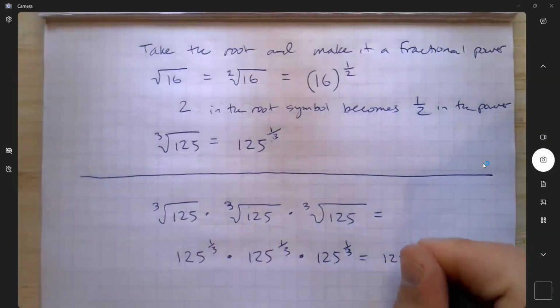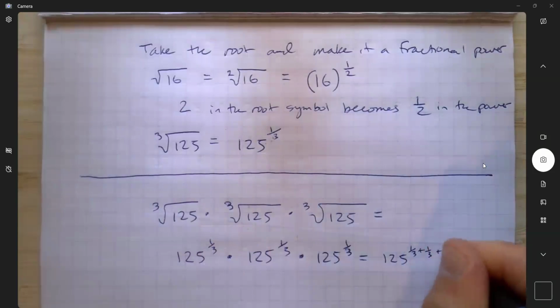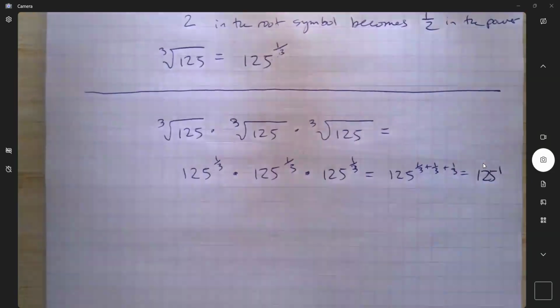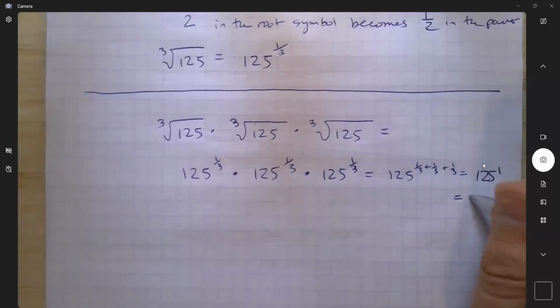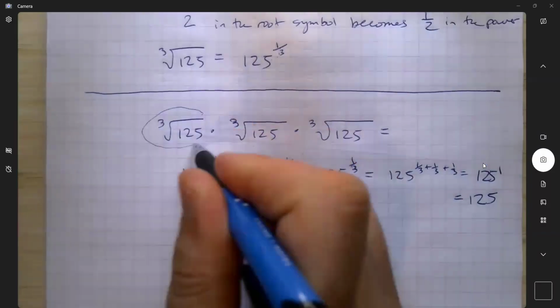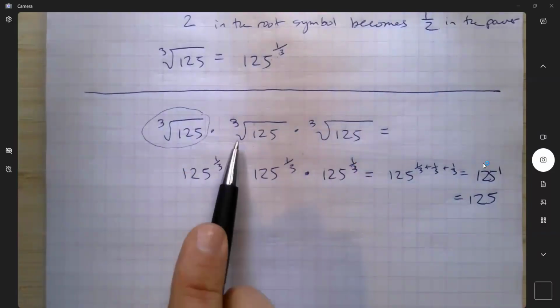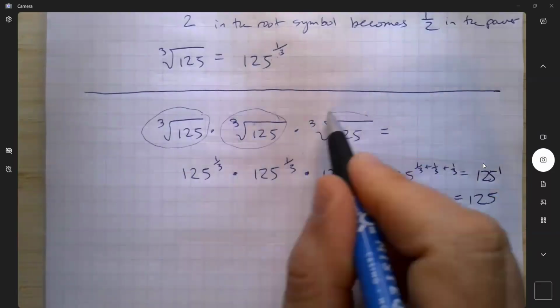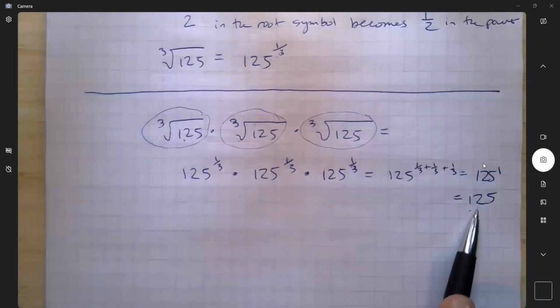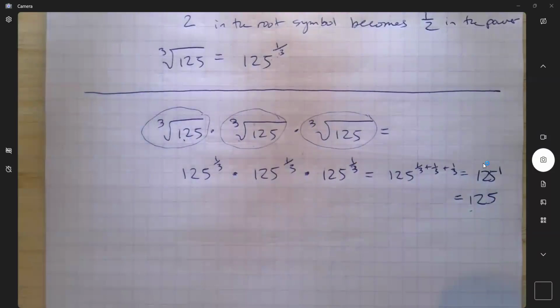So it's 125 to the 1/3 plus 1/3 plus 1/3, which is 125 to the 1st, which is 125. And that should make sense because the cube root of 125 is a number that you multiply by itself 3 times to get 125. And when I do that, sure enough, I get 125.